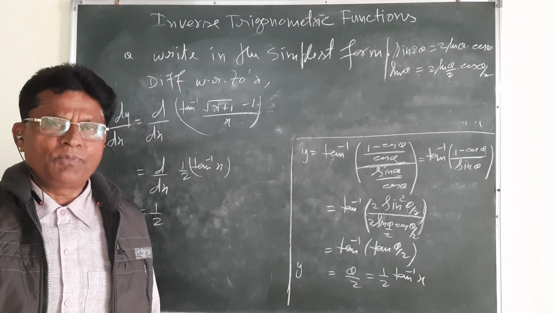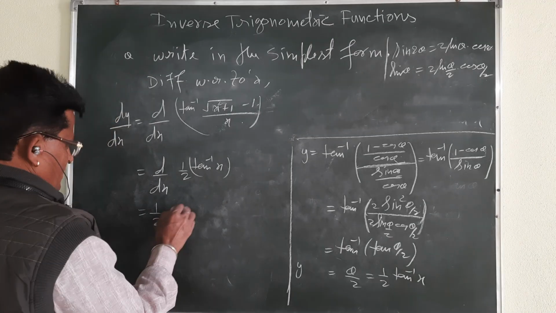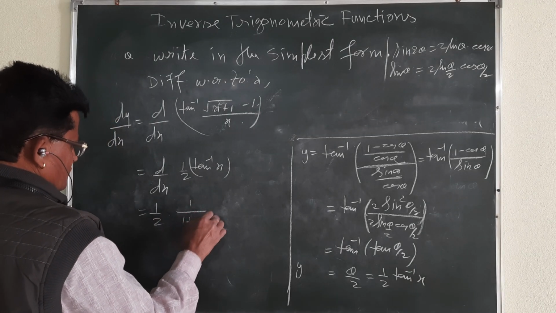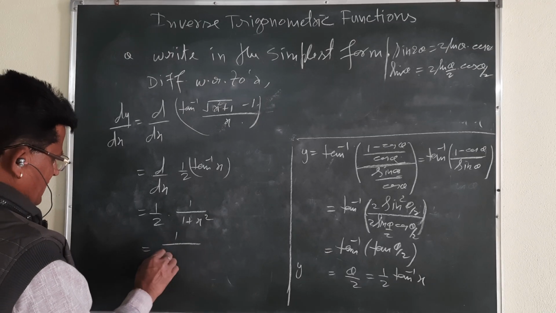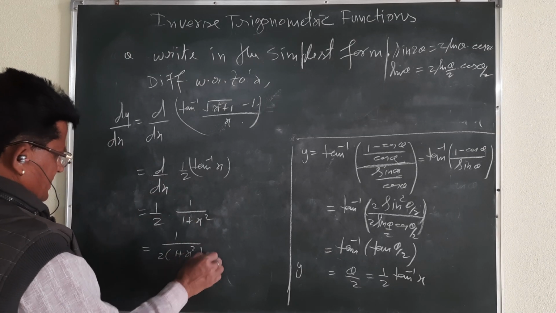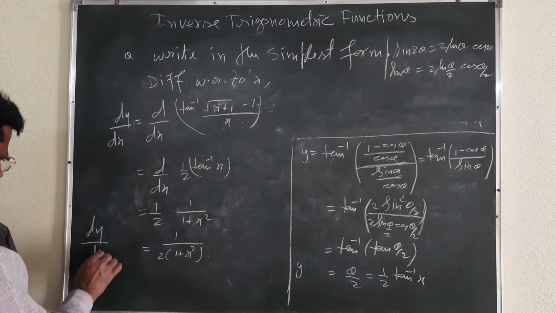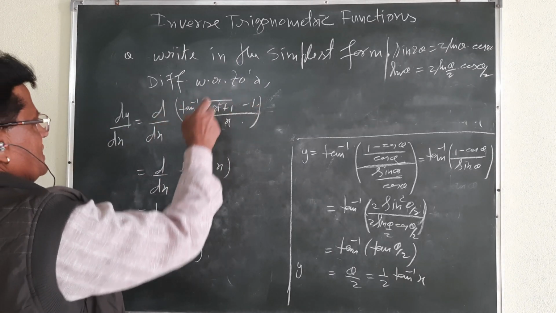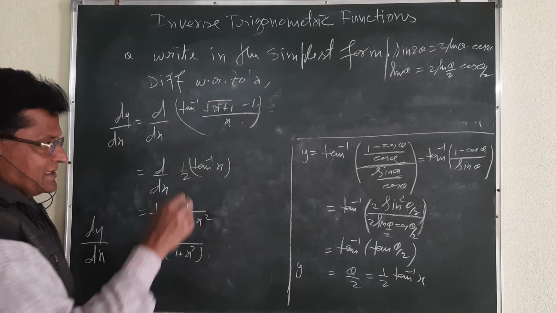It is 1 upon 1 plus x square. This is the differentiation of tan inverse x. That is why its differentiation will be 1 upon 2 into 1 plus x square. That is the value of dy upon dx.